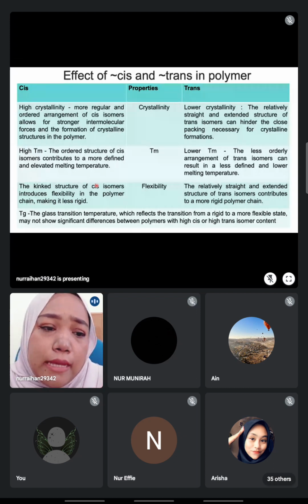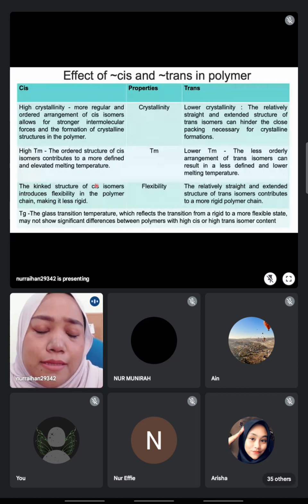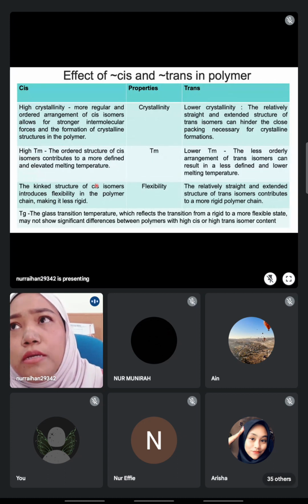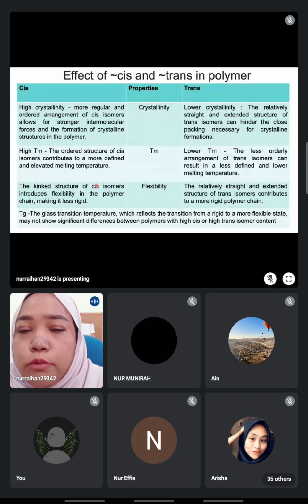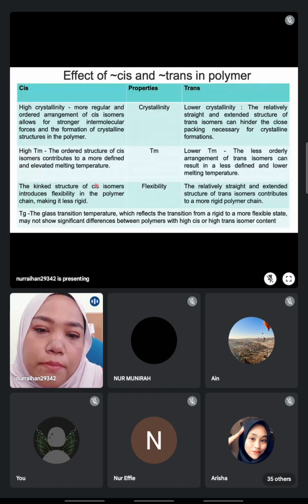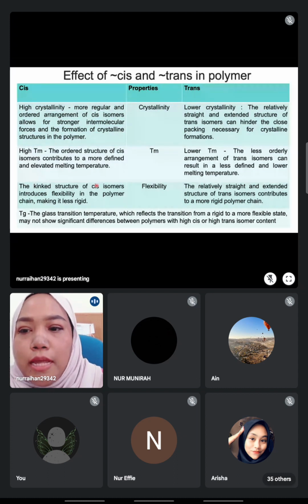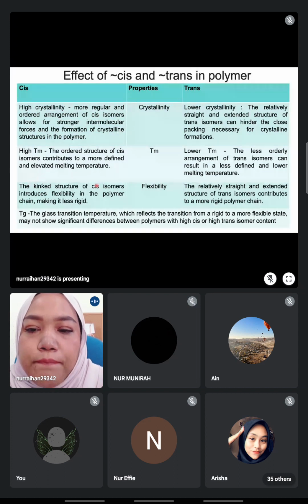That is why, let's say in certain applications, for example butadiene rubber. Okay, butadiene rubber is one example of a polymer that is affected by the cis and trans content. For example, butadiene rubber is used a lot in, let's say, the tire industry.